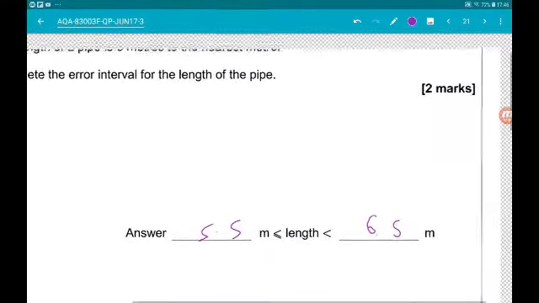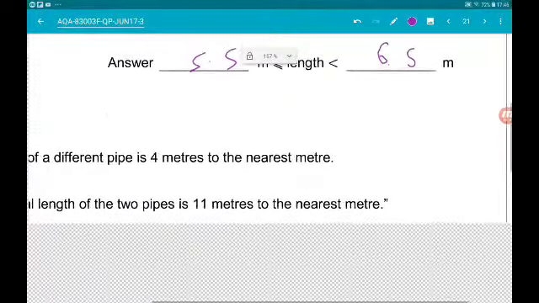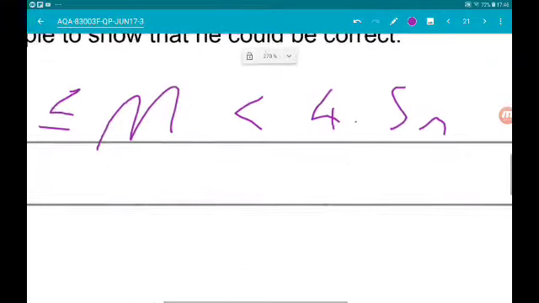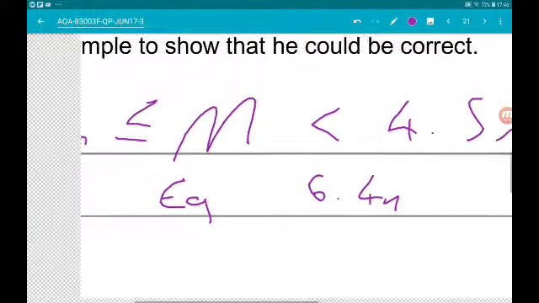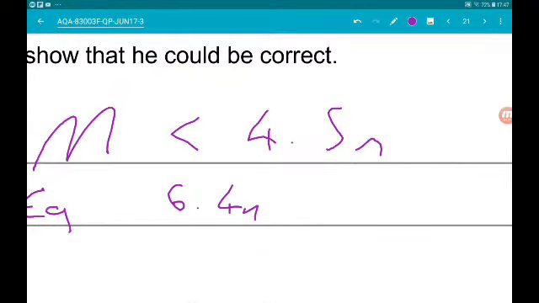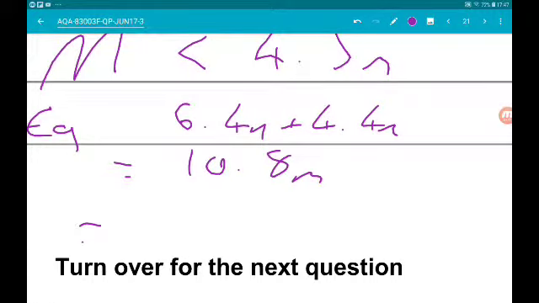So we could say this top pipe is 6.4 meters, and then this bottom one could be 4.4 meters. Now that gives us 10.8 meters, which is 11 meters to the nearest meter. Cool.